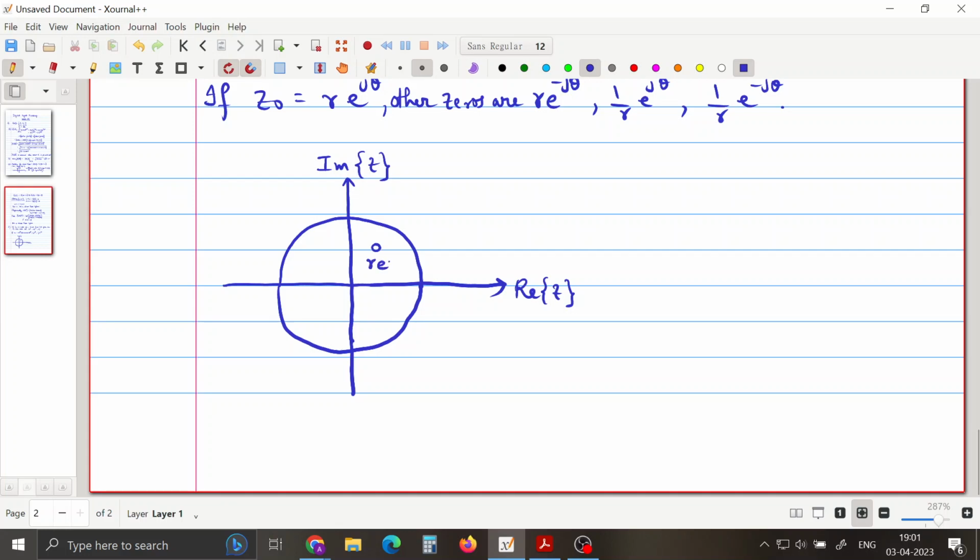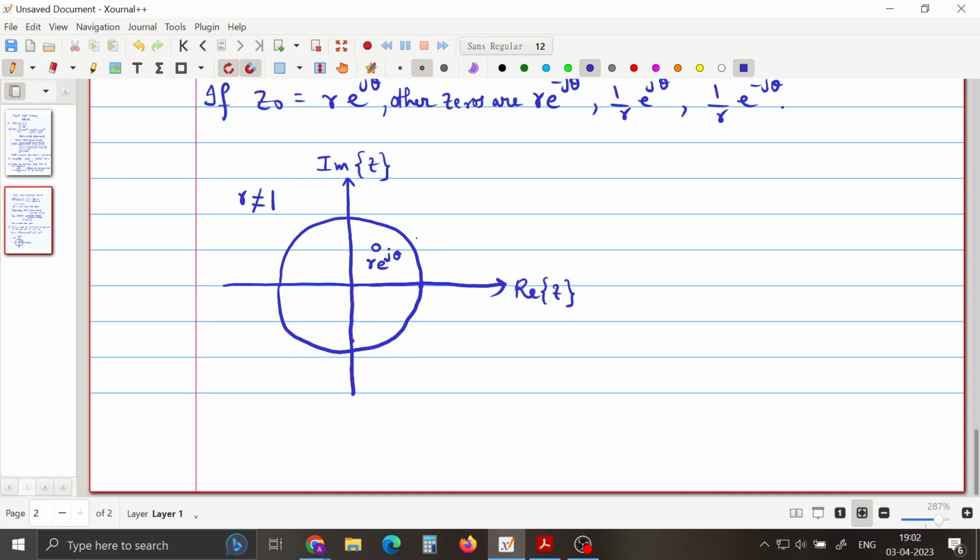Here we are assuming that r is not equal to 1, it's not on the unit circle. We are considering that r is less than 1. You can also take it greater than 1, it's fine, but r is not equal to 1.